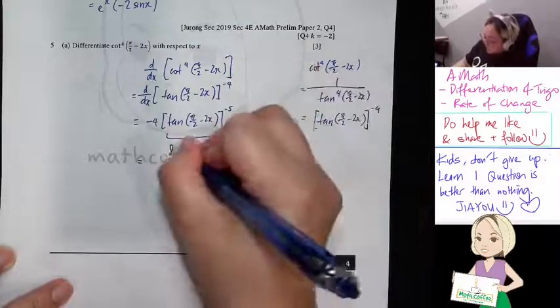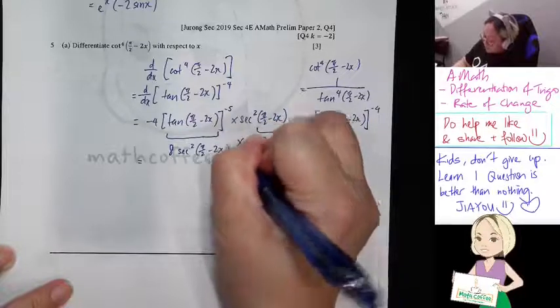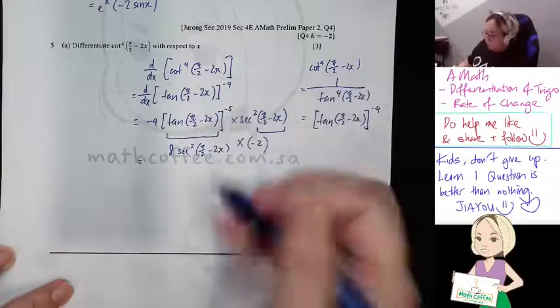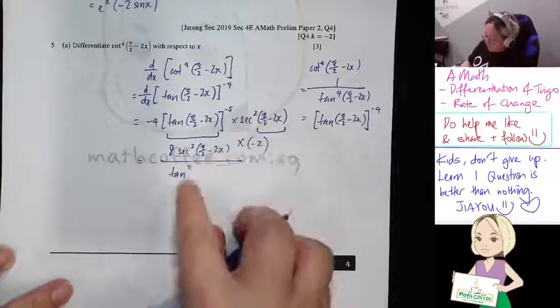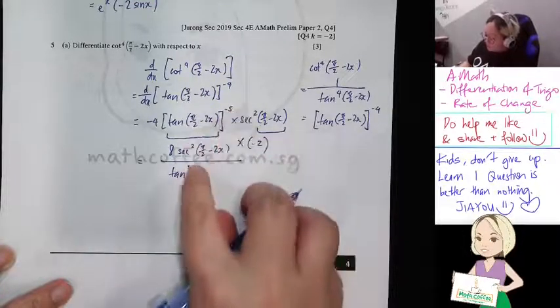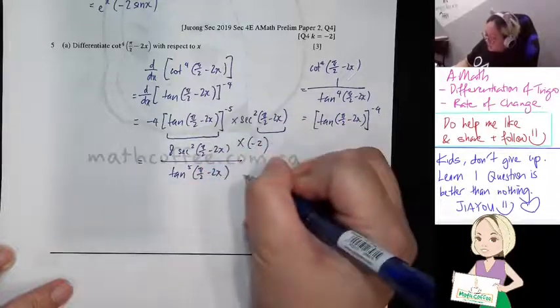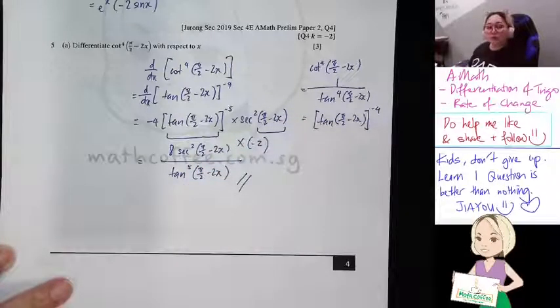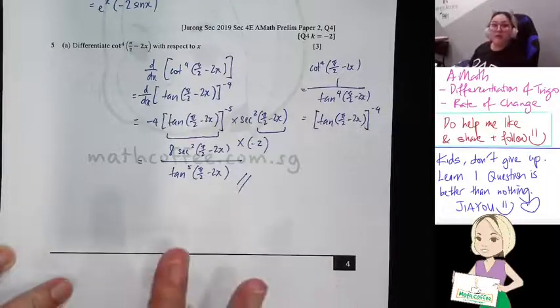So I have 8 secant square of pi over 2 minus 2x. This is minus 5, so I just need to bring it down, so it's over tangent to the power 5 of pi over 2 minus 2x. Done. You don't have to further simplify. This is good enough.